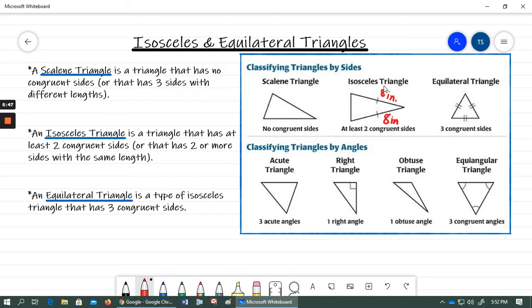I'm going to erase that, but I think you get what I mean when I say make sure that your diagram has those certain indicators, either the congruency marks or those actual side lengths written in, that let you know that the two sides are the same length, or that the three sides are the same length if it's equilateral. So again, either congruency marks or the same side lengths need to be shown or written in the diagram or picture.